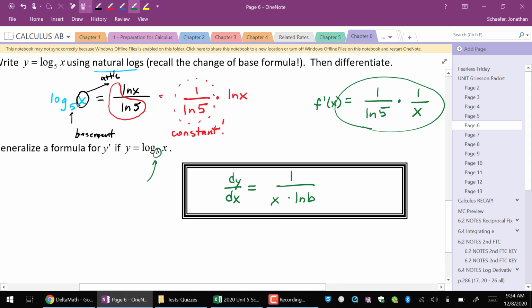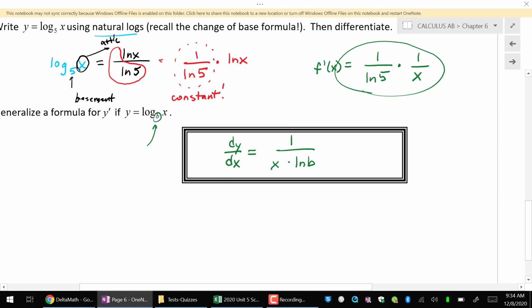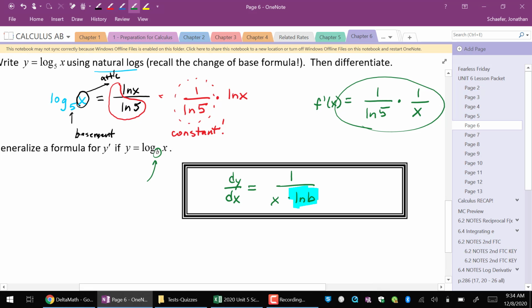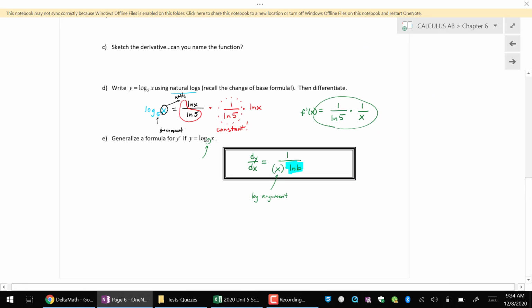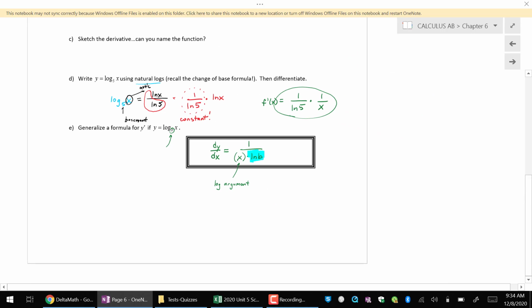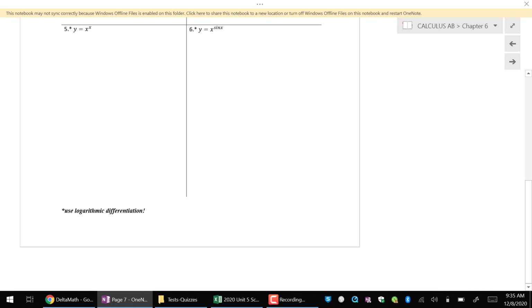So I still have my ln of the base down there in the denominator, and then this x represents the log argument from that original log expression. So there's our formula, a good one to memorize so that we can write derivatives of now any log function that we come across. So now some examples.